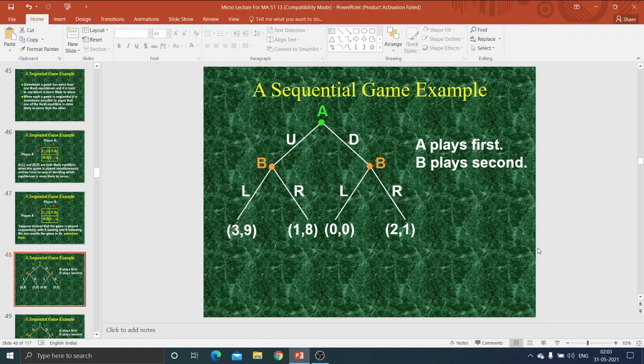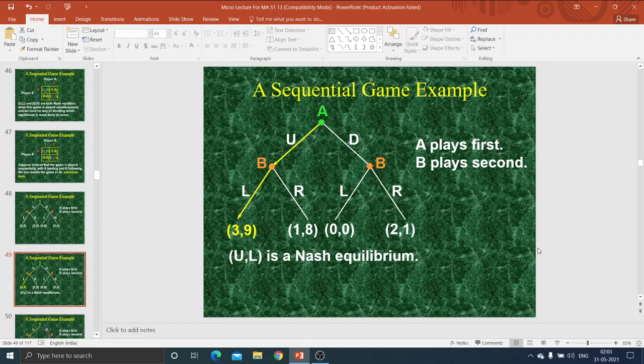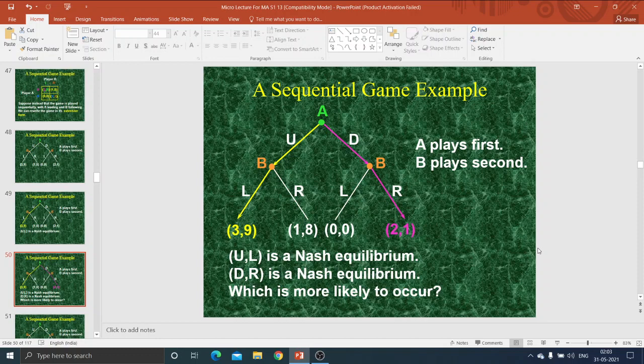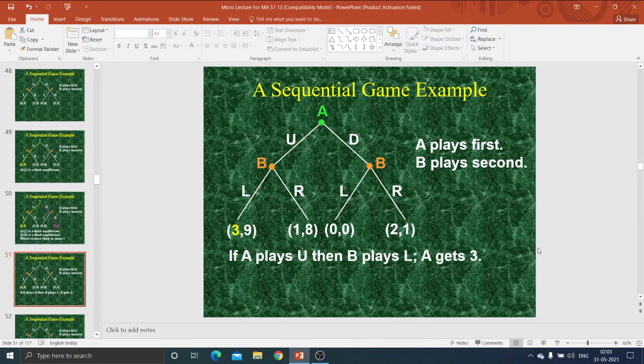So A plays first and B plays; in this case it is pretty clear. UL is a Nash equilibrium, and DR is also a Nash equilibrium. Which is more likely to occur? If A plays U, then B plays L, and A gets 3. If A plays D, then B plays R, and A gets 2.